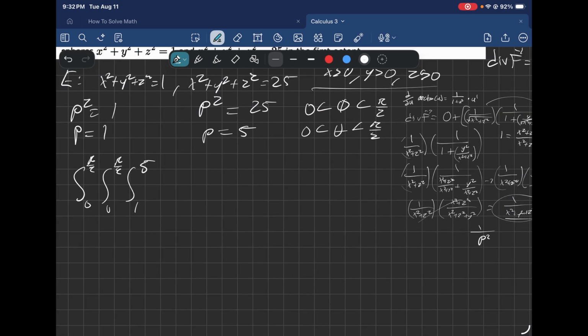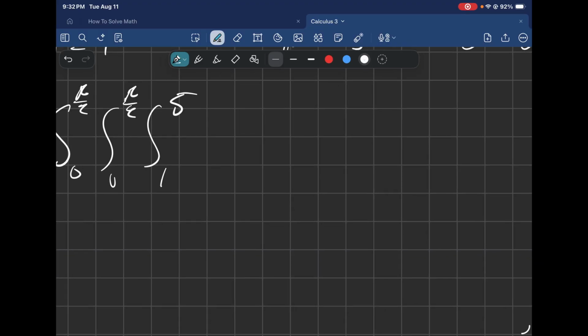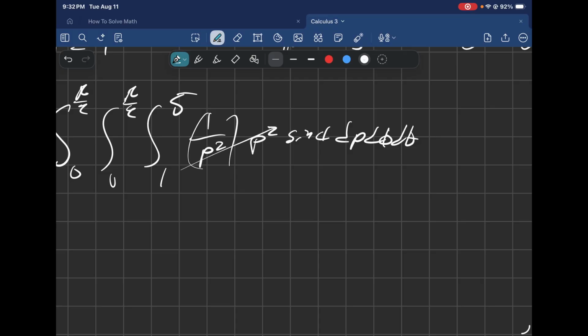When switching over to spherical coordinates, we're going to have rho squared times sine of phi. And since we're going to be multiplying this times rho squared sine phi d rho d phi d theta, we can recognize that that just cancels itself out.